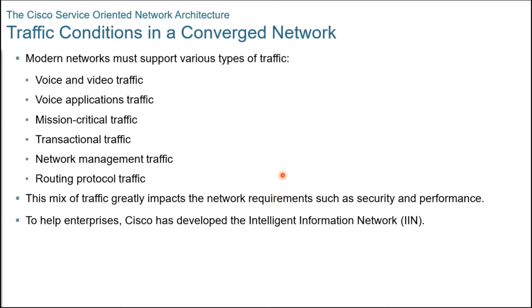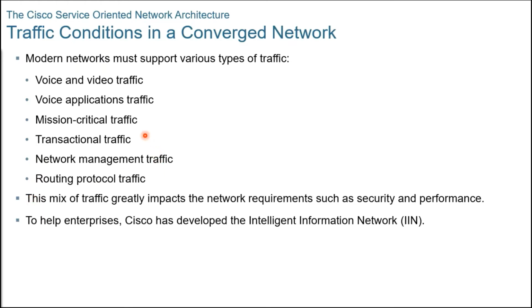Traffic conditions in a converged network. A modern network must support various types of traffic. Specifically, you have voice and video traffic, voice application traffic, mission critical traffic, transactional traffic, network management traffic, and routing protocol traffic.